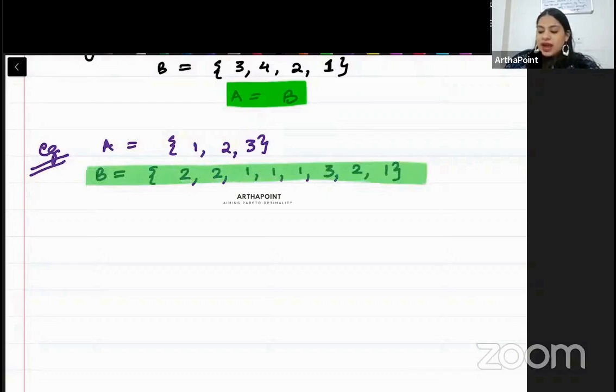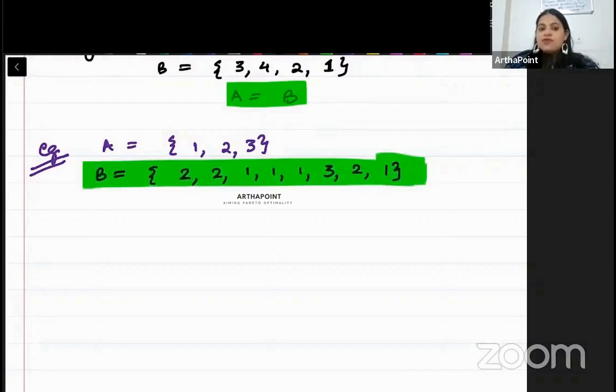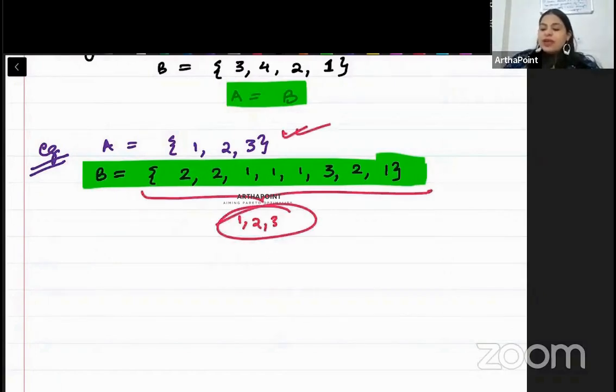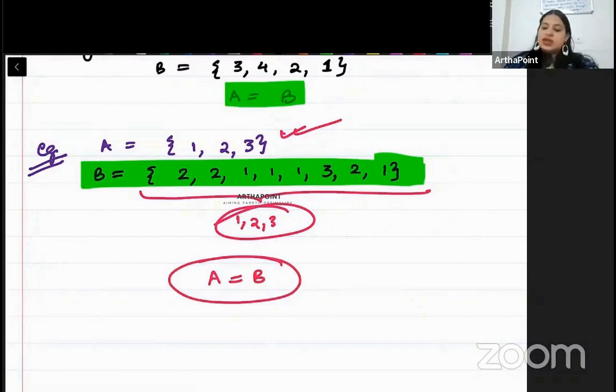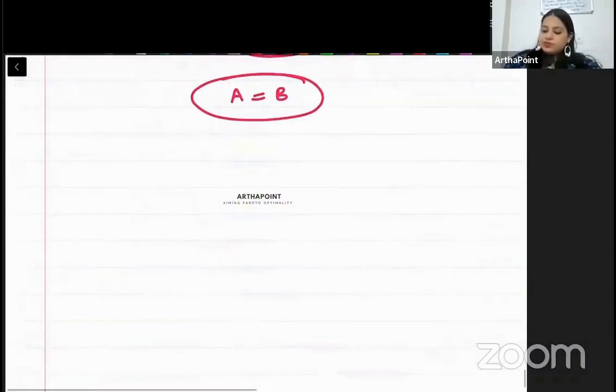Set से जब हम निकालते हैं कंपैरिजन के लिए तो हम यूनिक एलिमेंट्स को निकालते हैं. We do not repeat any element. So बेटा that way if I check B में कौन से एलिमेंट्स हैं नॉन रिपीट या यूनिक, 1, 2 and 3 और A में भी यही एलिमेंट्स हैं, 1, 2 and 3. So ideally A and B are equal sets. Clear हो गया? Okay.